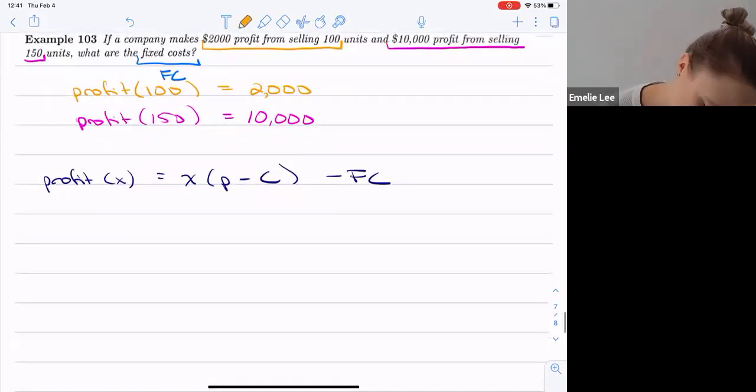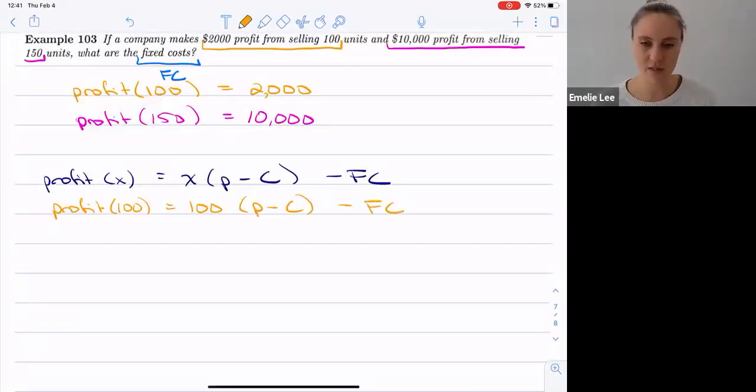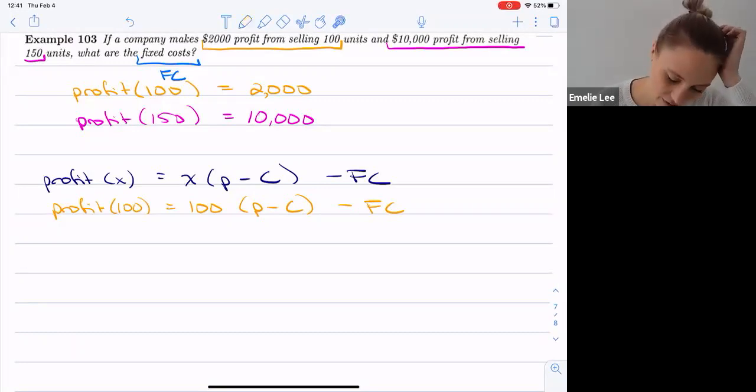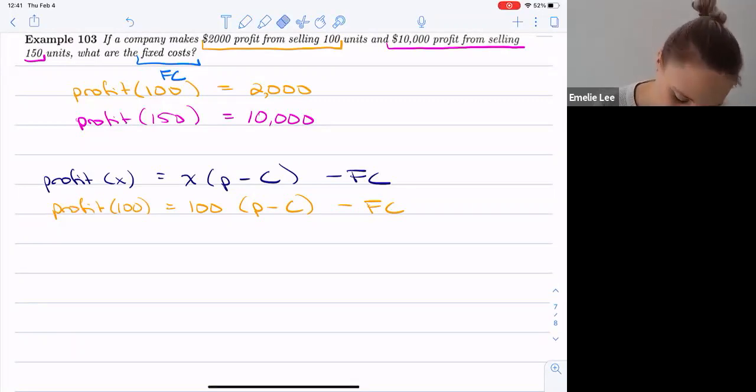So what we've got here is the profit of 100 is 100 times P minus C minus the fixed cost. And in fact, I'm going to swap out the profit of 100. I'm just going to write it out as 2,000 right away.